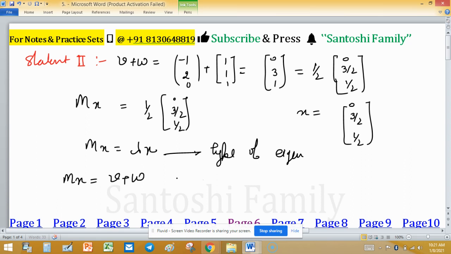This condition is true, so statement second is true.